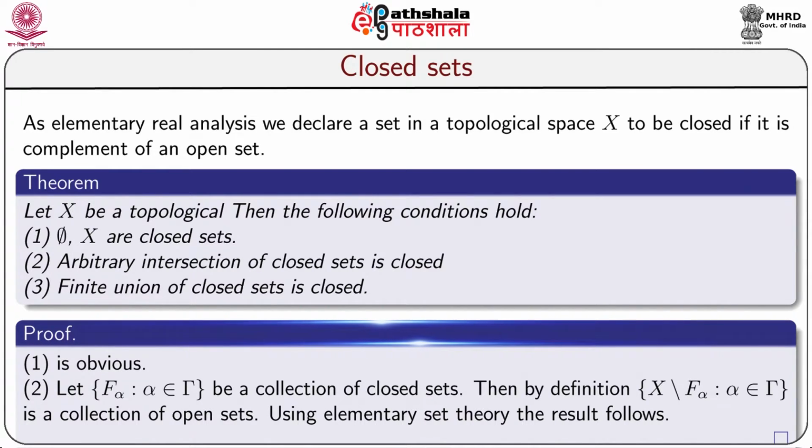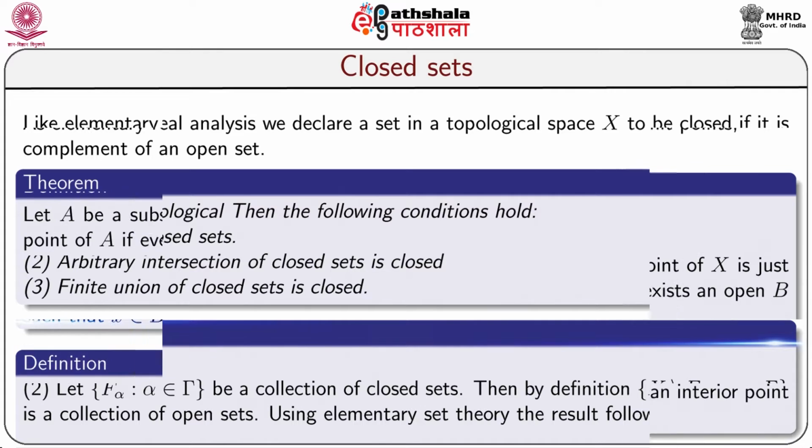So, this collection X minus F alpha, alpha belongs to gamma, is a collection of open sets. Since open sets are closed under arbitrary union, their union will be open. That means as their union is open, its complement is closed. That means the arbitrary intersection of closed sets is closed.